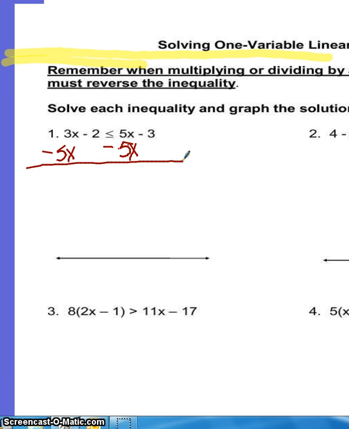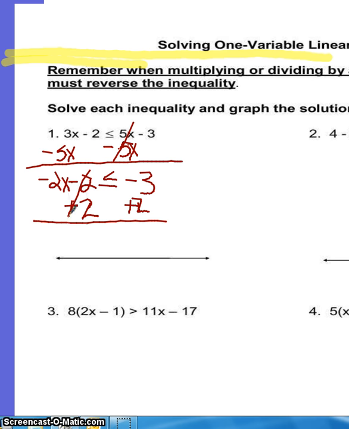That leaves me negative 2x minus 2 is less than or equal to negative 3, correct? Now I need to take my 2 over, so I'm going to add 2 to both sides. And that's going to leave me with negative 2x is less than or equal to negative 1.